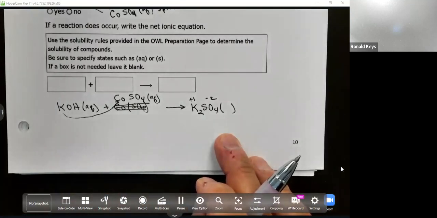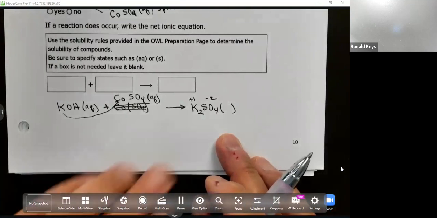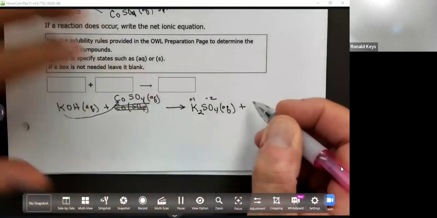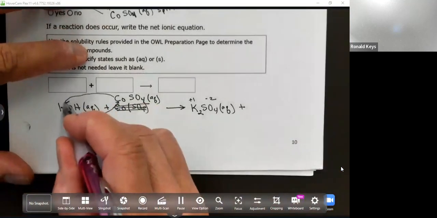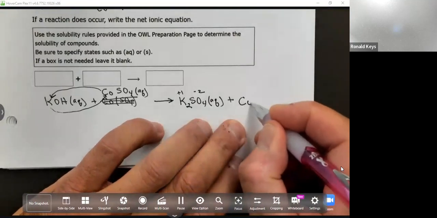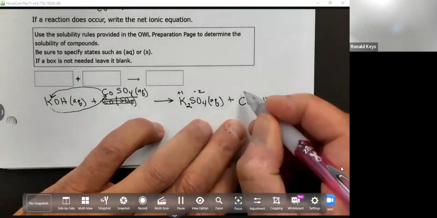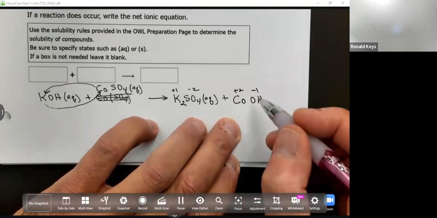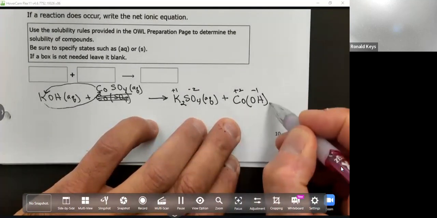Can I write aqueous for that? Heck yeah, starts with potassium, aqueous. Switch that, we get cobalt hydroxide. So it's going to take 2 hydroxides.